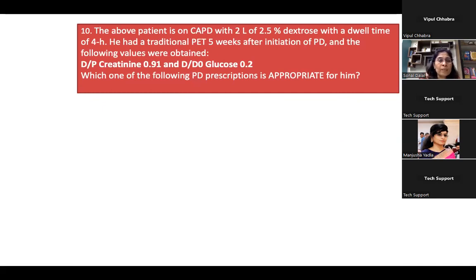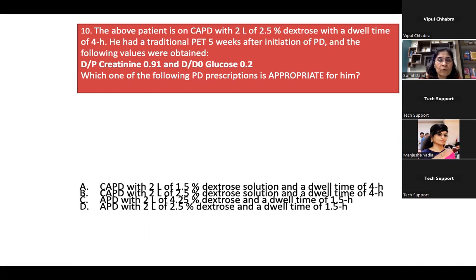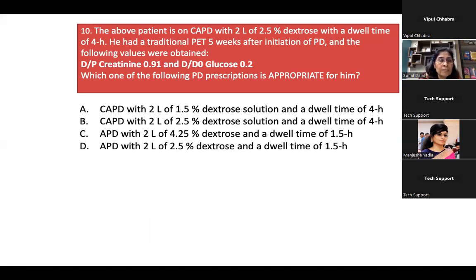If this patient is on CAPD with 2 liters of 2.5% dextrose with a dwell time of 4 hours, and a traditional PET test 5 weeks after initiation of PD gives the following values: D/P creatinine is 0.91 and D/D0 glucose is 0.2. Which one of the following PD prescriptions is appropriate for him? Option A, CAPD with 2 liters of 1.5% dextrose solution and dwell time of 4 hours.